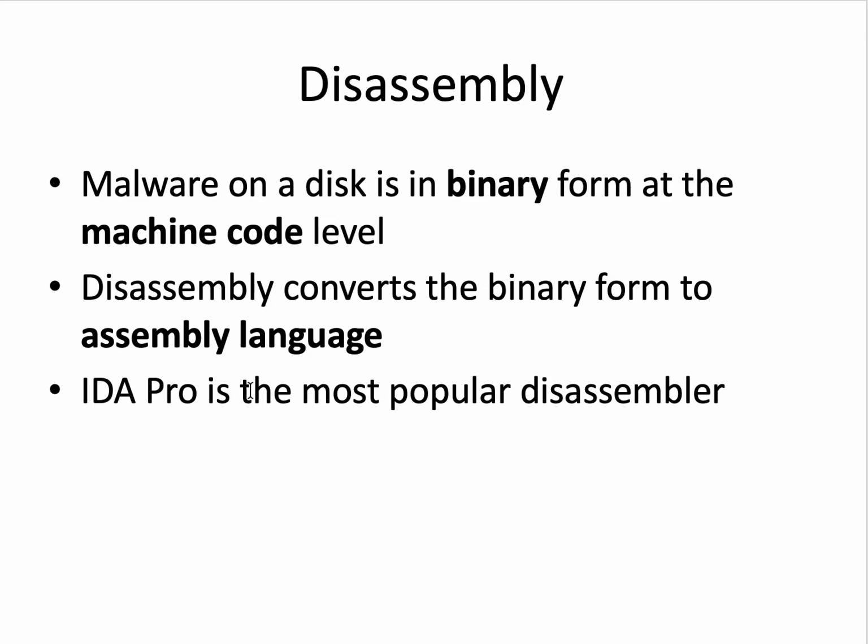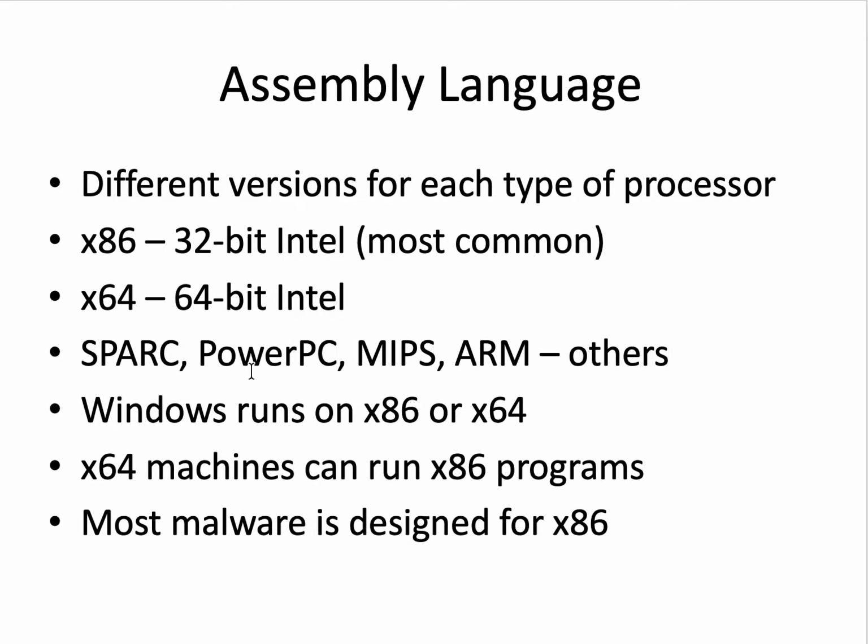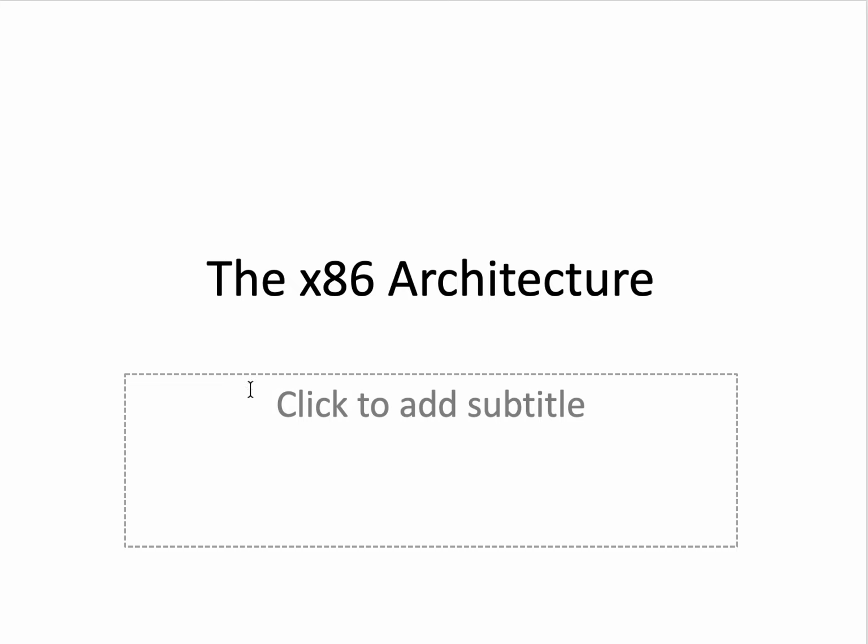The fact is that malware on a disk is in binary form, and it's not just malware. Literally every program is in binary form. So what disassembly does is translate the binary code into assembly language, like IDA Pro.